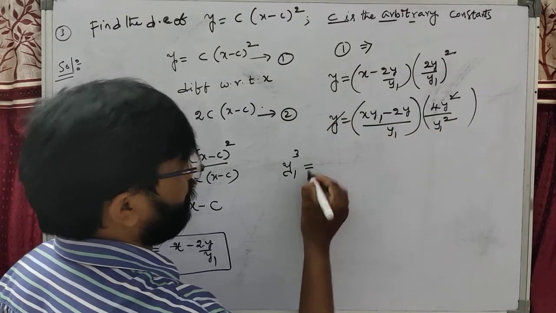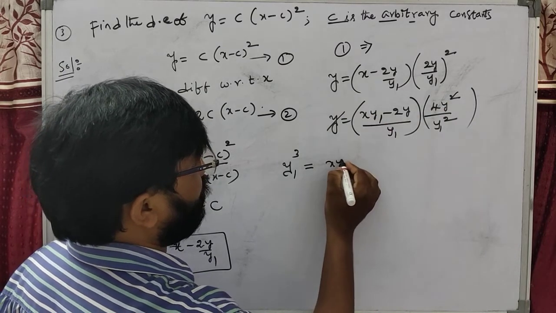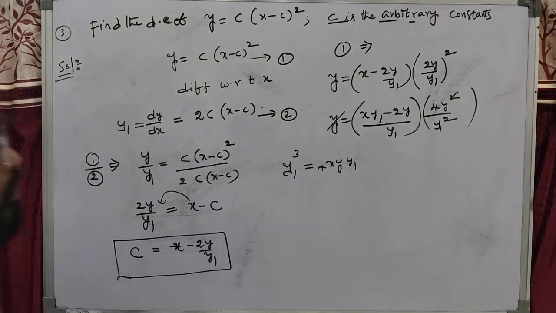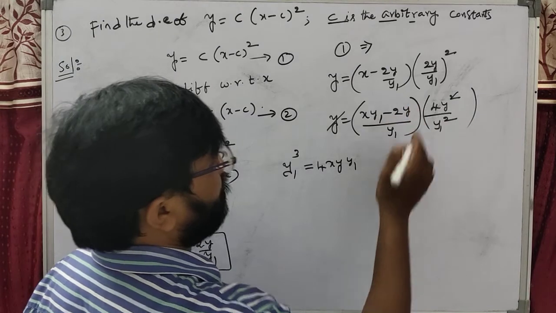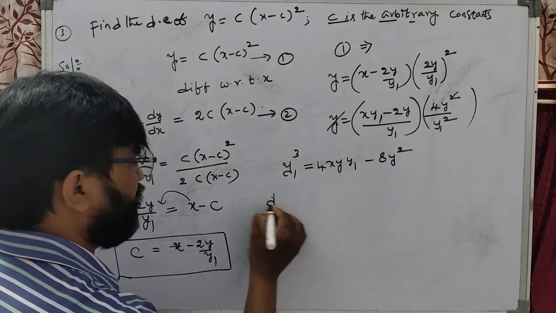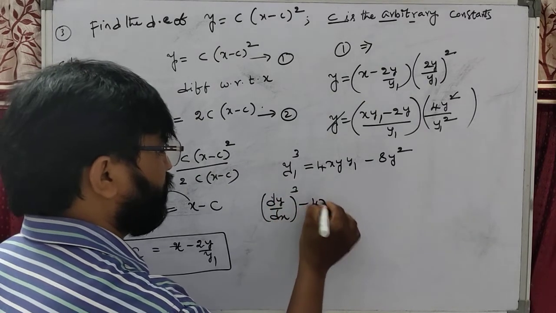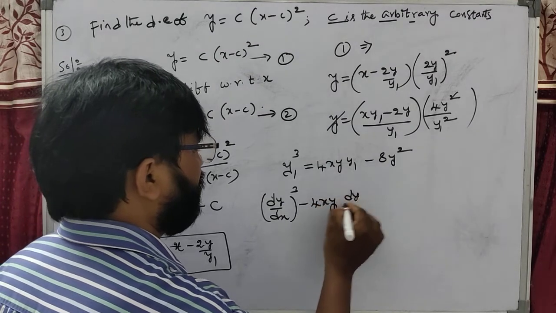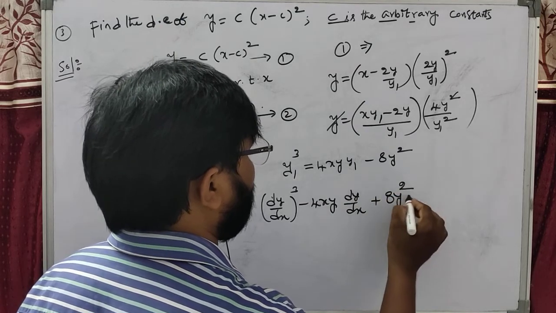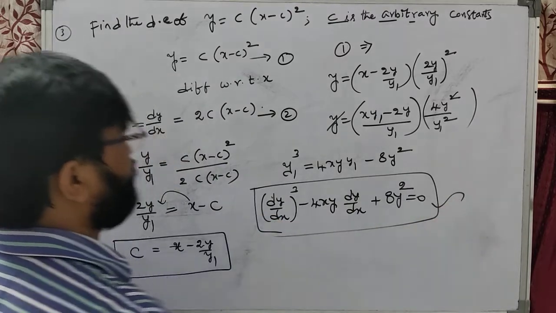This gives xy1 into 4y minus 8y square. Now this is (dy by dx) whole cube minus 4xy dy by dx plus 8y square equal to 0. This is the differential equation.